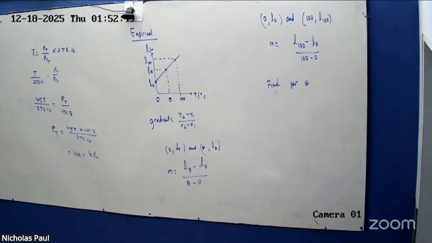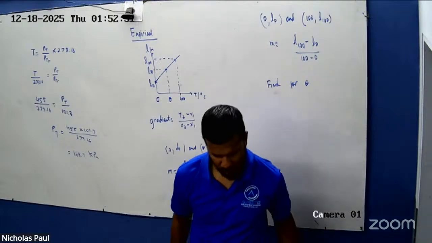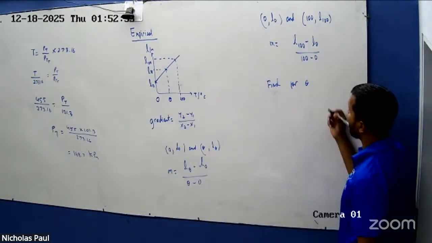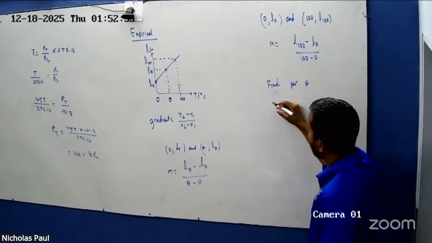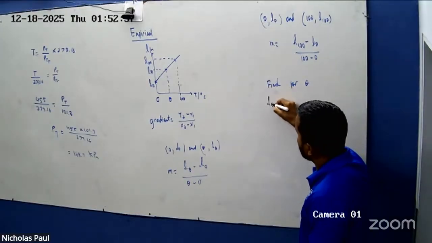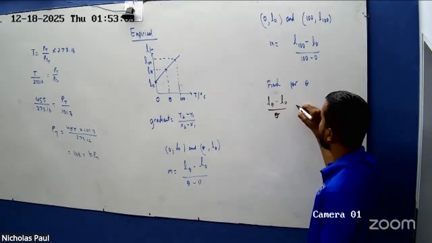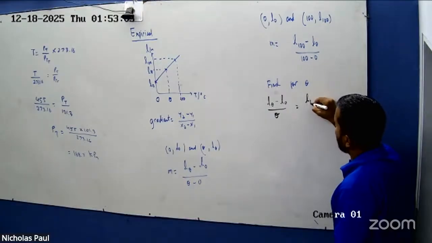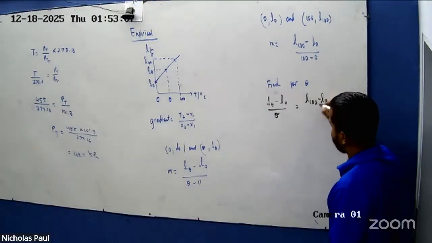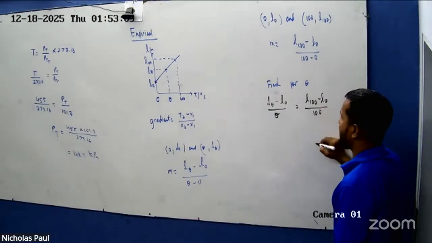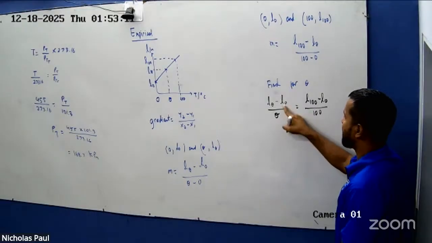Ready? So you're just going to equate them. So you'll get L theta minus L0 all over theta minus 0 is equal to L100 minus L0 all over 100. I want to make theta the subject, so I'm just going to cross multiply.